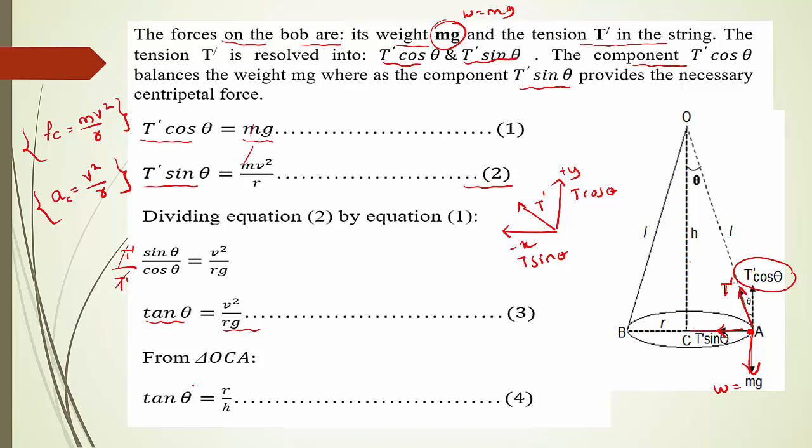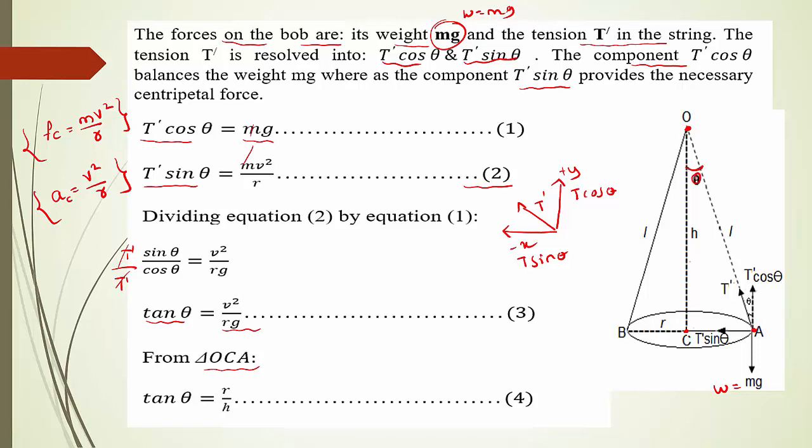Now I am going to consider the triangle OCA. Observe the diagram. When we consider the triangle OCA, what is the value of tan theta? Where is the angle? The angle is theta here.